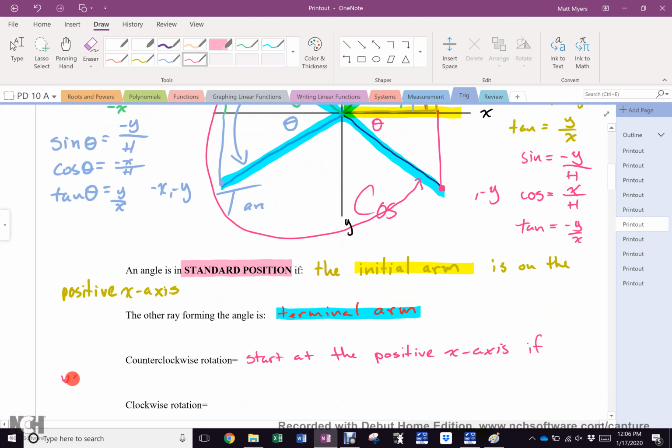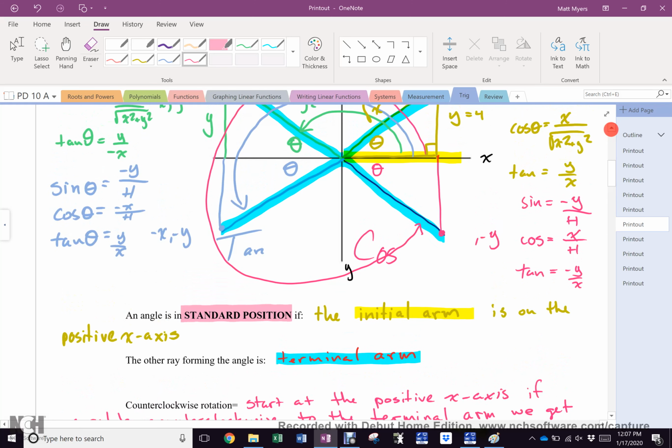If we rotate counterclockwise to the terminal arm, we get a positive angle.